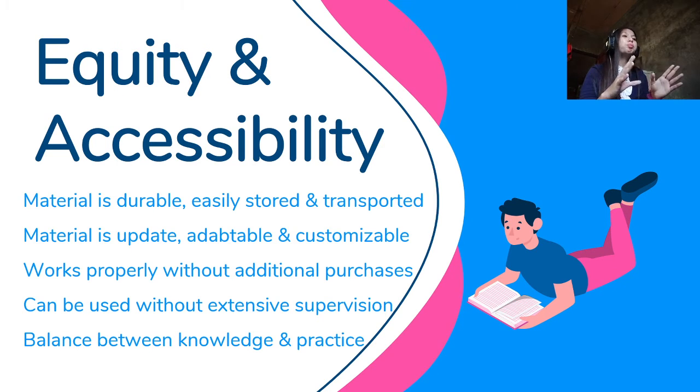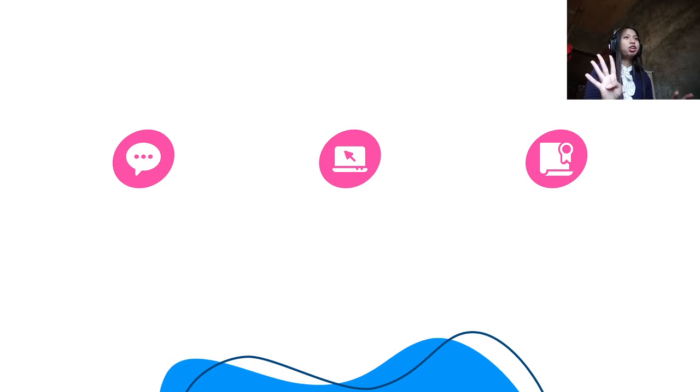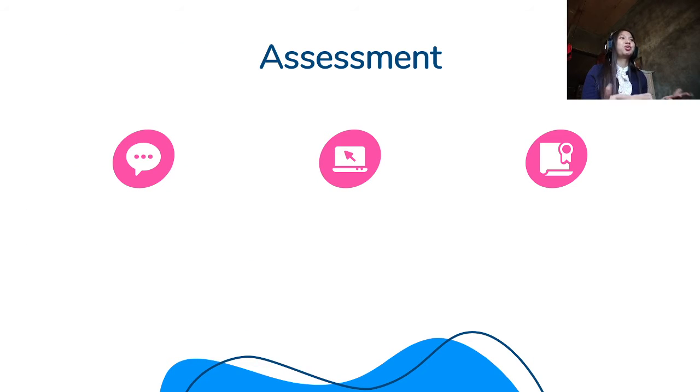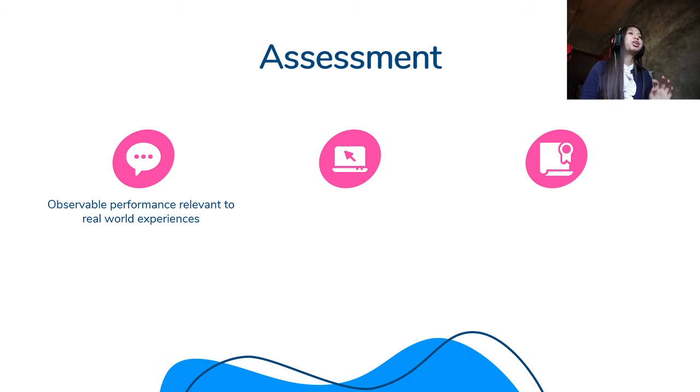The module should not be about knowledge for everything. It should also have a practice, or what we call performance tasks, for the students to act, to do, or whatever. Okay, let's go to the fourth indicator, which is assessment. Okay, so here goes the quizzes, the tasks, or whatever. How do you assess the learning, the knowledge or learning of the students?